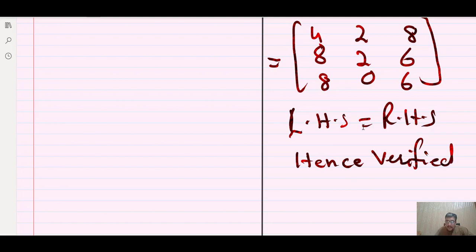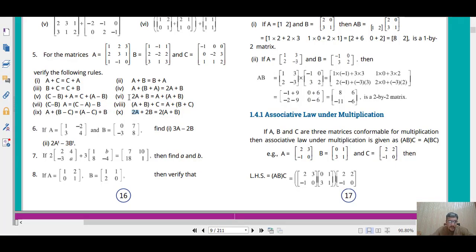So in the same way you can solve the other parts of this question number 5. I am going to solve one more part. The fifth part, seventh part and even ninth part are similar, so I am going to solve the seventh one.